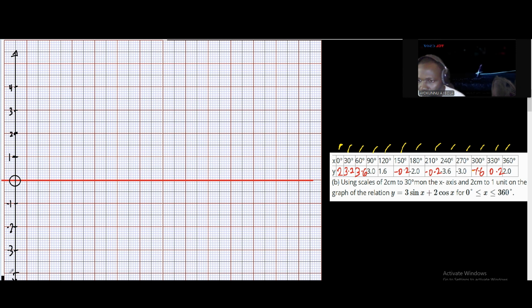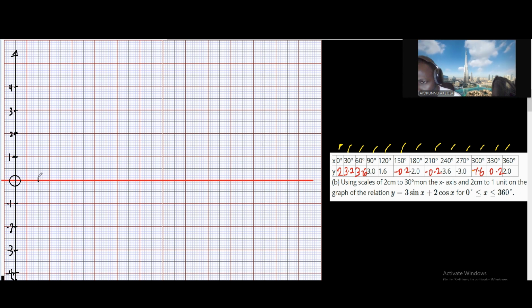Yes, sir. So -4. But for the x-axis labeling, 2 is going to represent 30. So from 0 to here will be 30. Next one, 60. Next one is 90. Then 120.